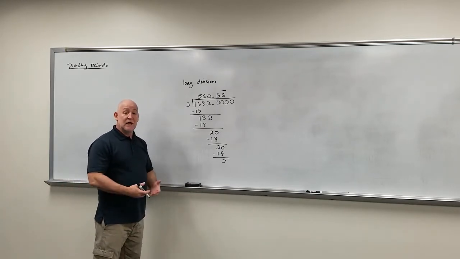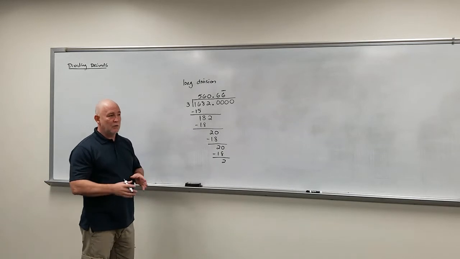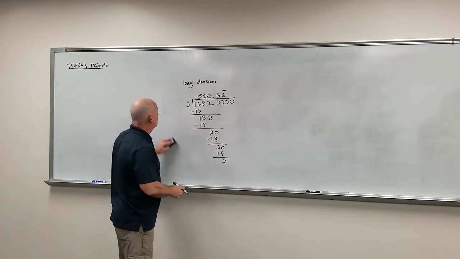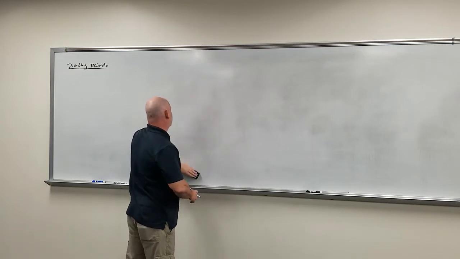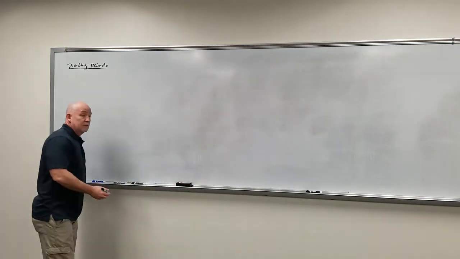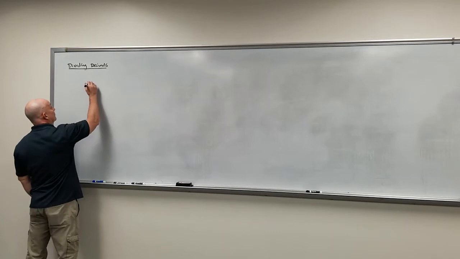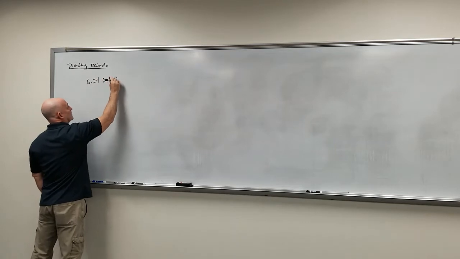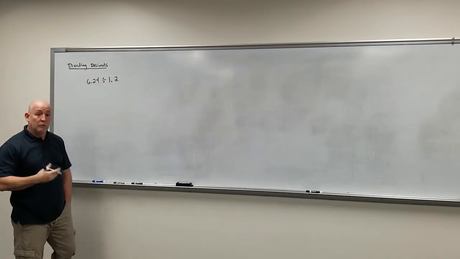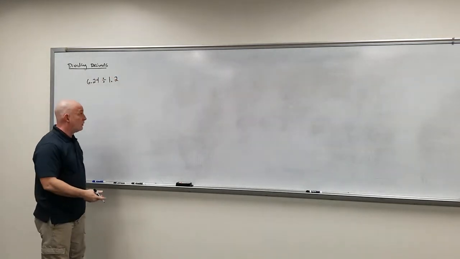We're going to do the exact same thing with decimals, but we got one little step to do first. So let's take a look at dividing decimals. Let's say that we have 6.24 divided by 1.2. Now we want to set this up as kind of a long division thing.